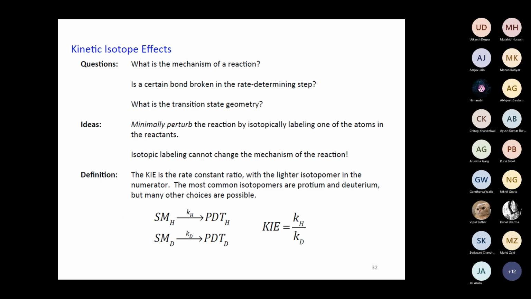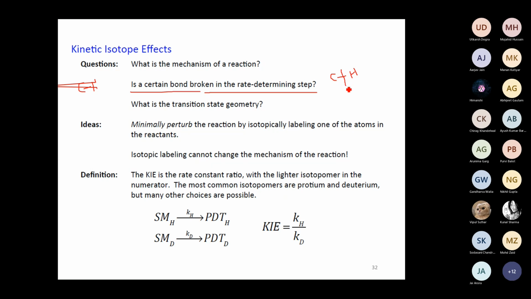Okay. So kinetic isotope effect. The first thing is what type of information we may get. You will see, but I'm just telling. It tells what the mechanism of a reaction is. It will also tell whether a certain bond, for example here the CH bond, is broken or being broken in the rate determining step.